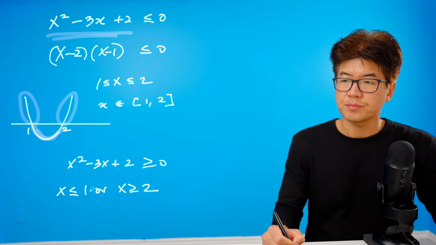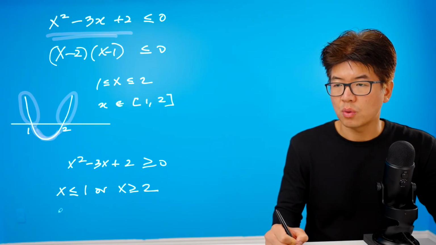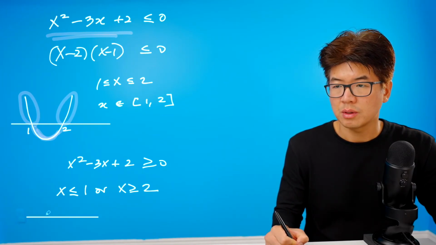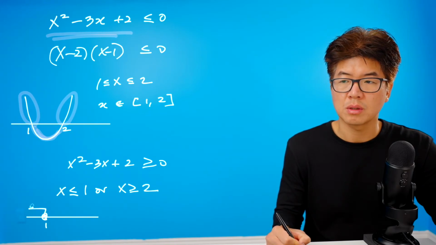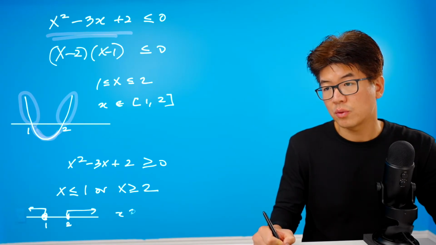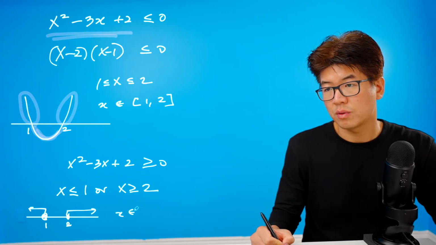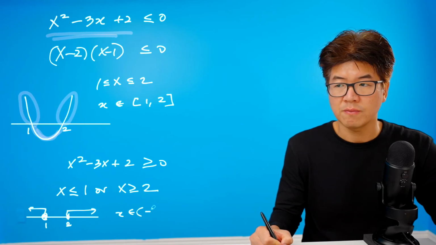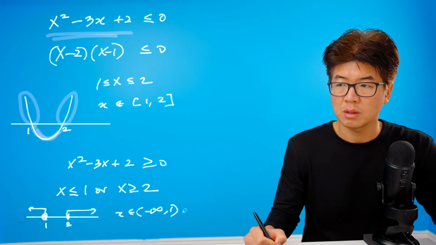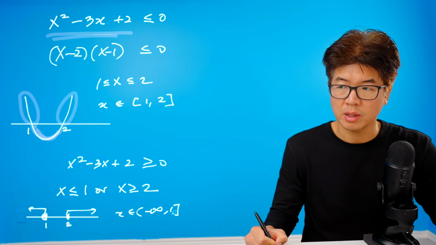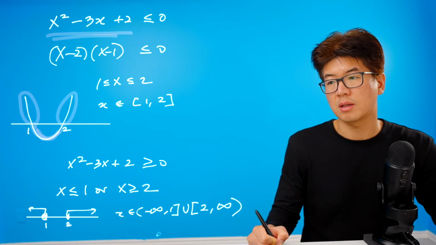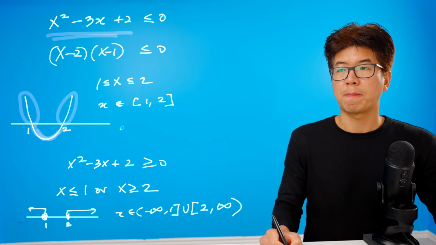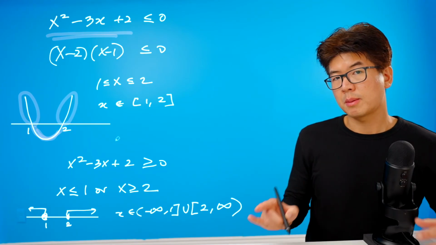We use or to denote a combination of two separated regions. In interval notation, this is equivalent to negative infinity to 1, with a square bracket there, union, 2 to infinity, square bracket. Okay. Let's do more examples in the upcoming videos.